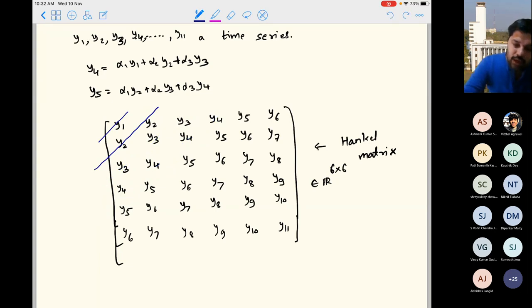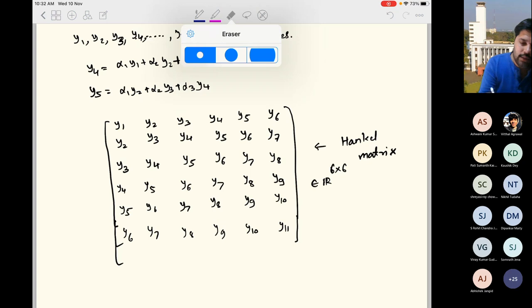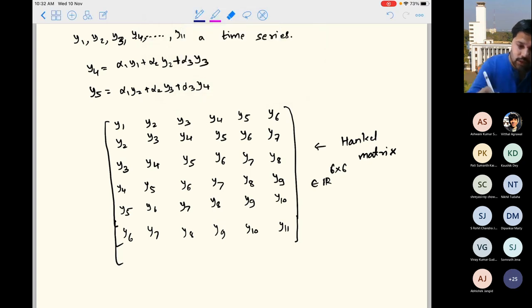So look at this particular matrix carefully. Can you tell me a spatial property of this matrix, if you can? Does this matrix have some special property, given the relationship that you observe in y1, y2, up to y11?